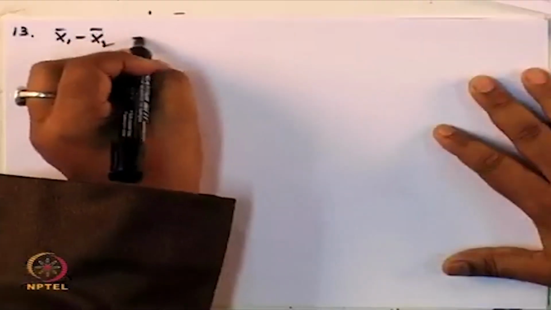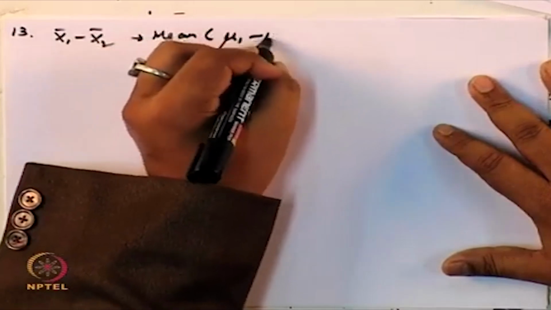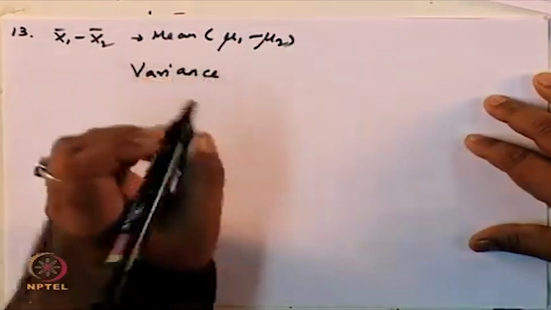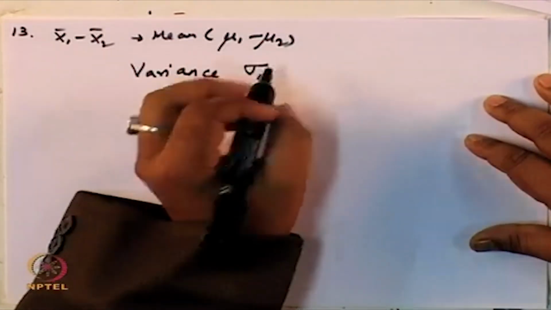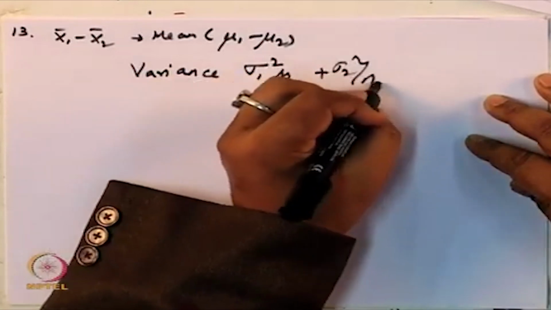Let us take a simple case. Once again, your x1 bar minus x2 bar will have a mean of mu1 minus mu2 and variance sigma 1 square by n1 plus sigma 2 square by n2.